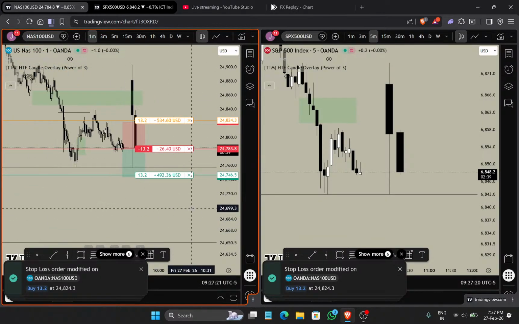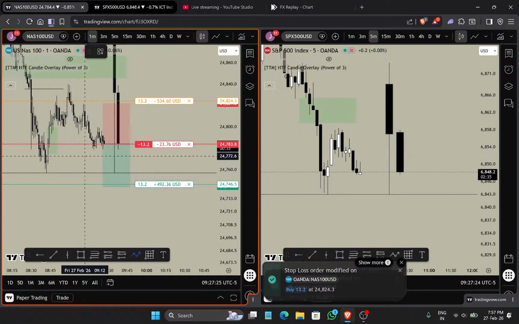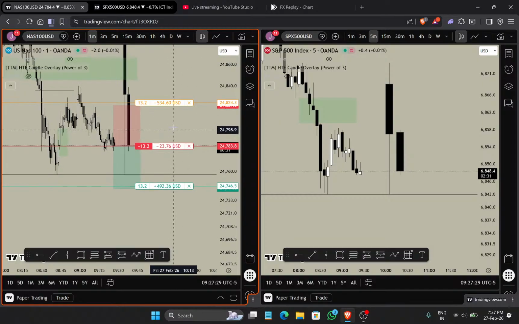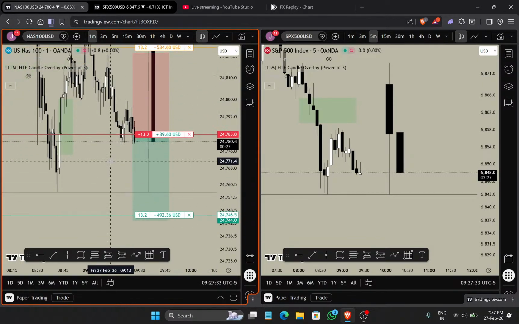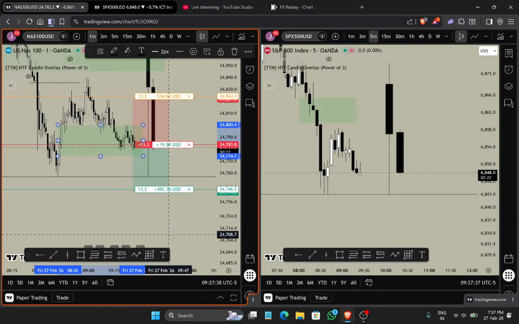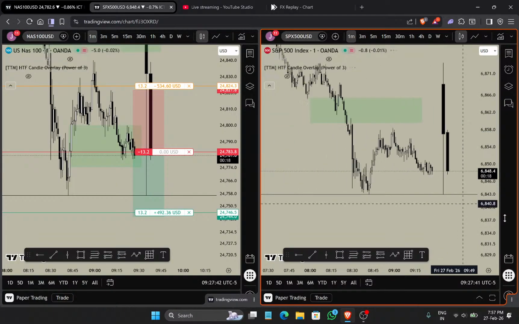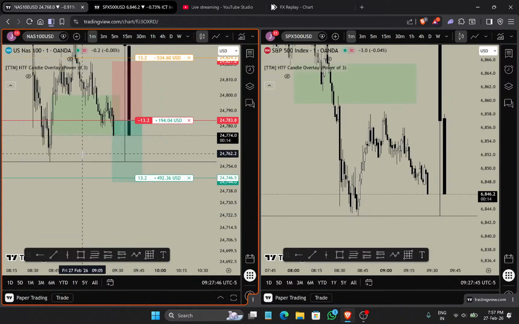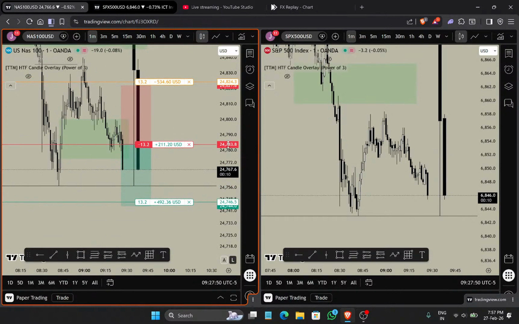So I'm taking my trades on my funded account if we sweep this 50 minute and go to each other. This is just for educational purposes only. You have 1 minute right there. Let's leave this here. Let's see if we can inverse this 1 minute.